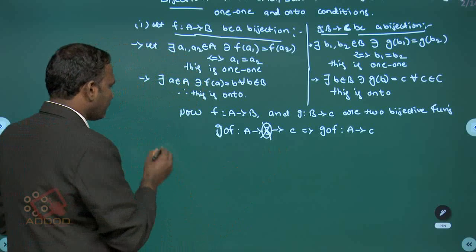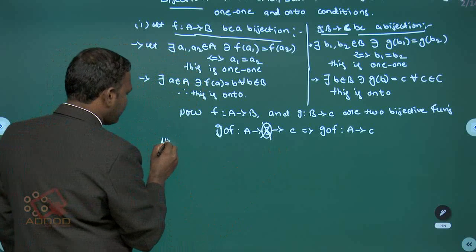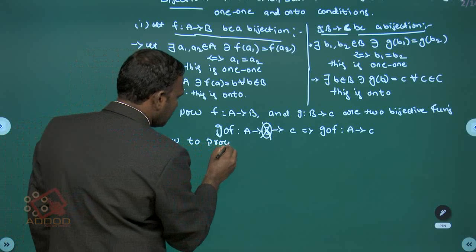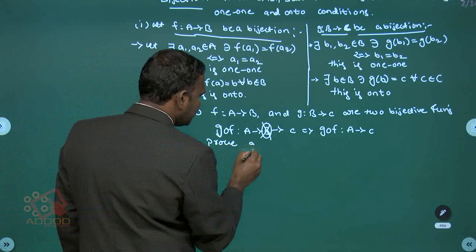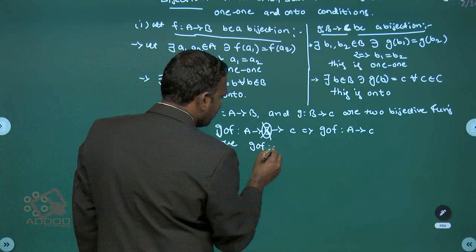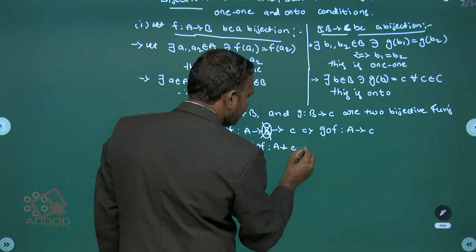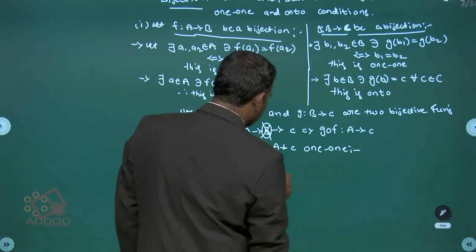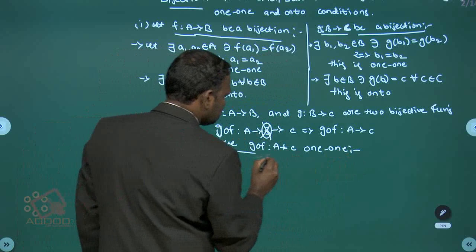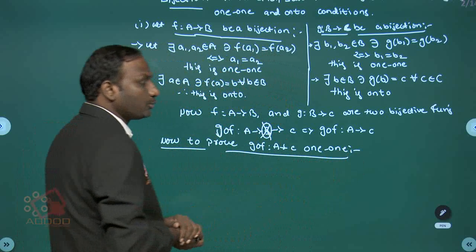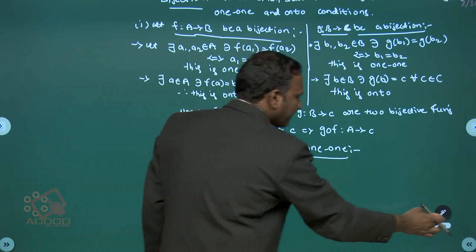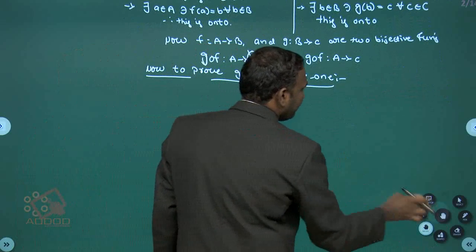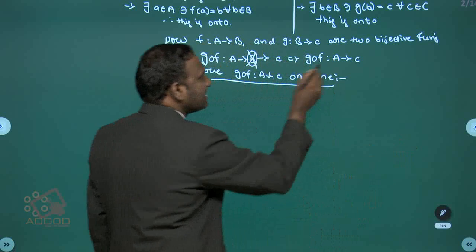Okay, so now to prove G circle F from A to C is one-one, this is what we are going to prove now. For G circle F, what is our domain?